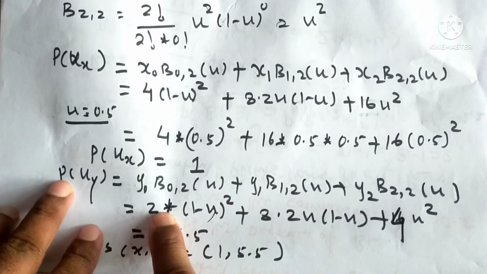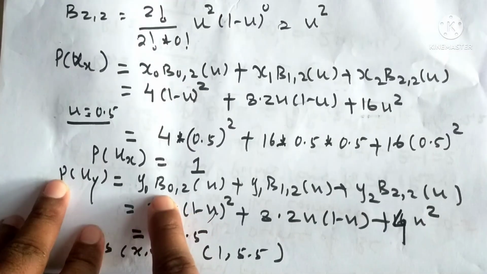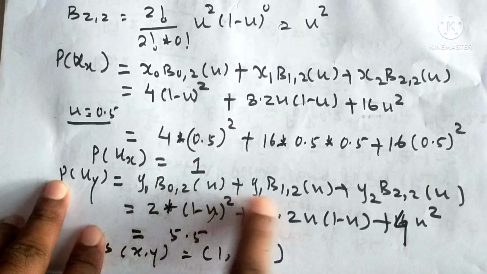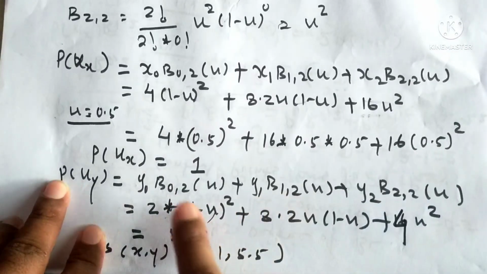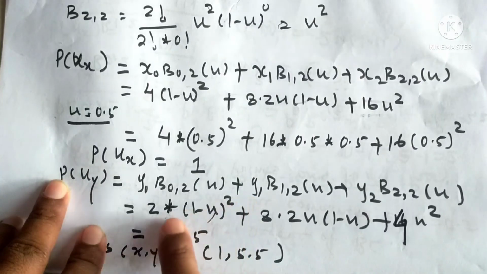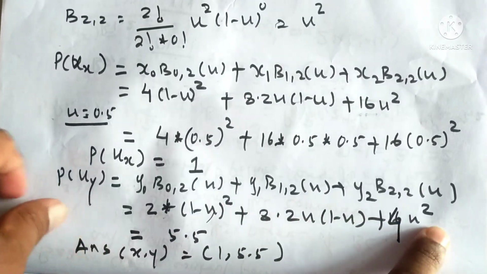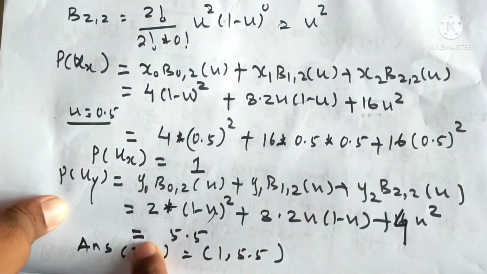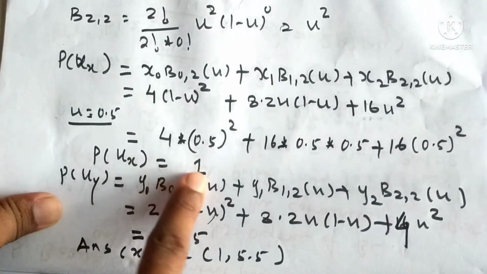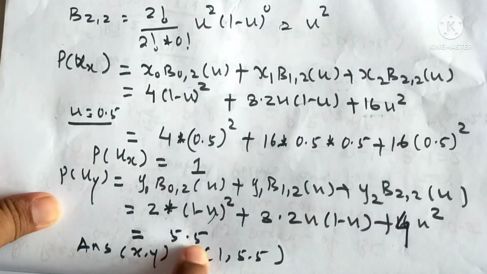Once you substitute these, with the basis functions B0,2, B1,2 and B2,2 already calculated, and u given as 0.5, you will find the expression value as 5.5. So the x coordinate value is 1 and the y coordinate value is 5.5.